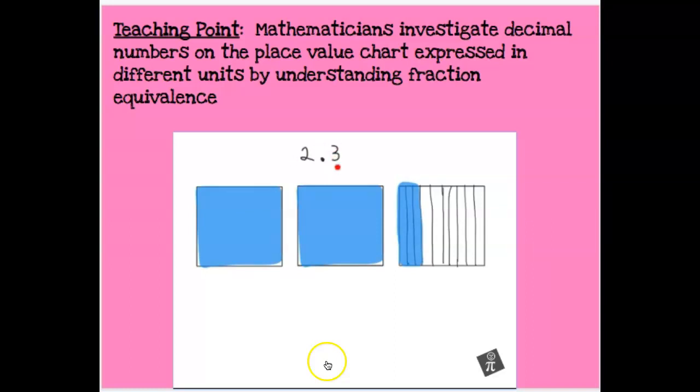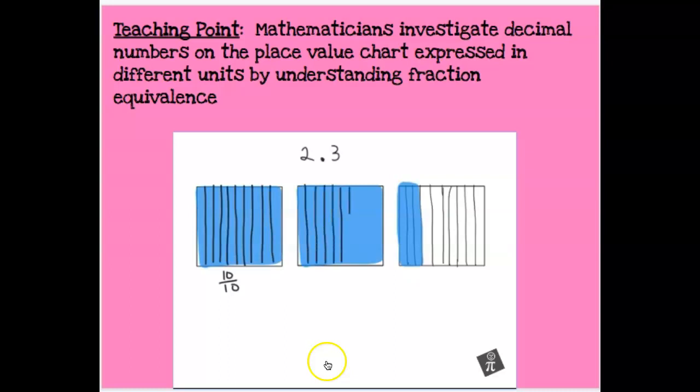So the idea is, let's start there. Now, if I wanted this entire thing in terms of tenths, well, I know I have 3 tenths, but how many tenths do I have right here? Well, I have 10 tenths, because really, if you remember, I could cut this into 10 strips, and then I could cut this one into 10 strips. 1, 2, 3, 4, 5, 6, 7, 8, 9, 10.